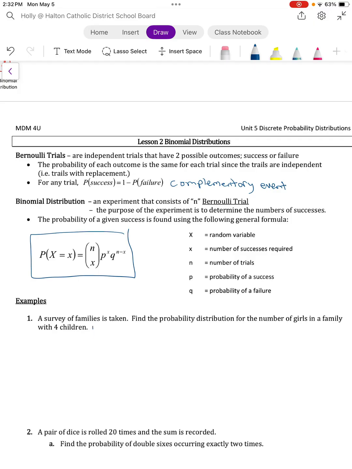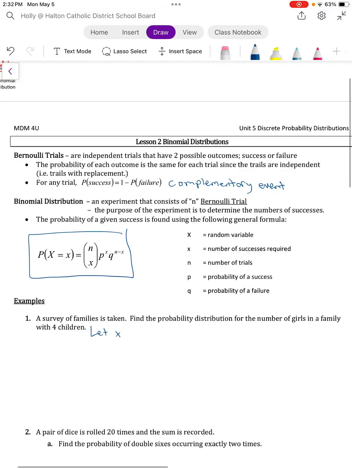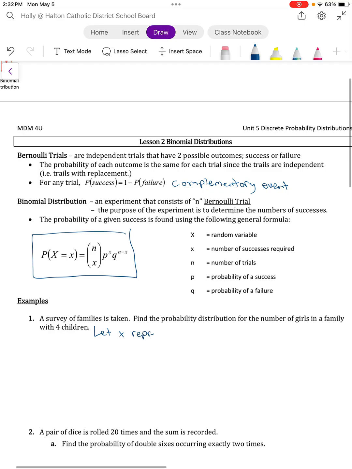So we're going to say let X represent the number of girls in the family. So 4 girls would be a success. If we have X, we could have 0 girls, 1 girl, 2 girls, 3 girls, or the success, which is 4 girls in the family. So that means our n would be equal to 4.